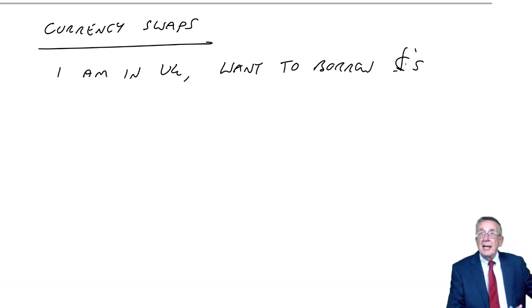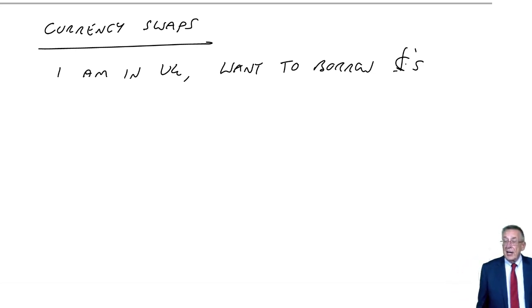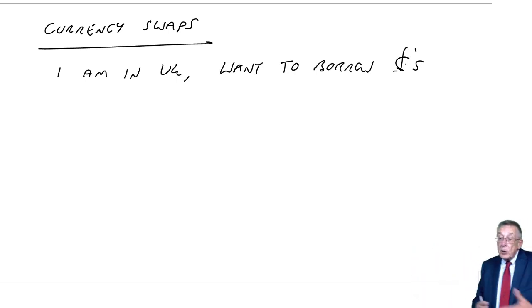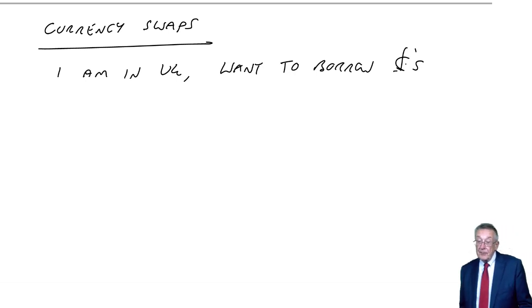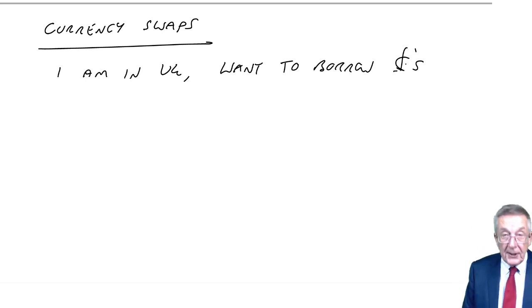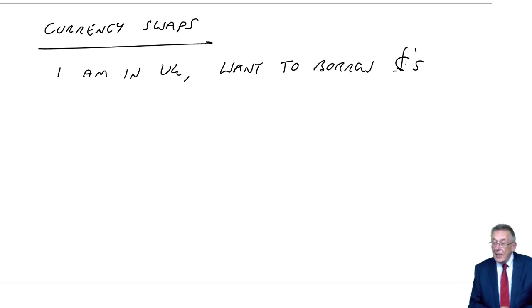And for reasons I explained at the very beginning of last chapter, it would be quite sensible, if I'm going to get dollar income in this other country, to have borrowed the money in dollars and be paying dollar interest. But for whatever reason, I want to borrow dollars. The only problem is I can borrow dollars in the UK, but I'll probably pay higher interest than I would be if I was borrowing pounds.